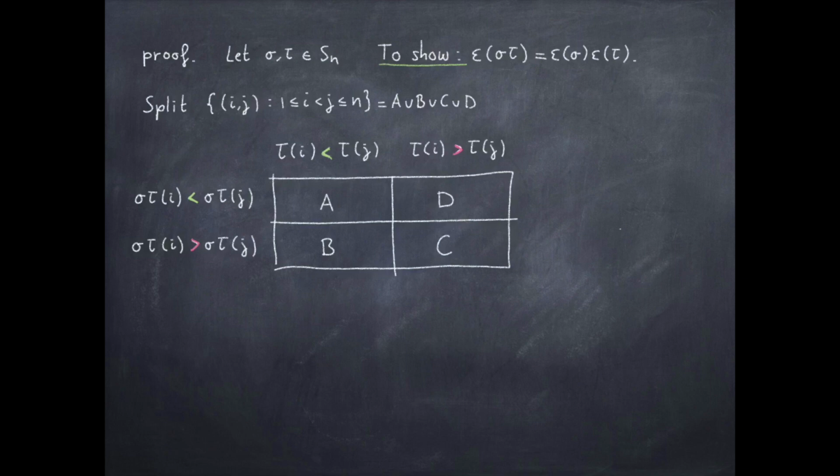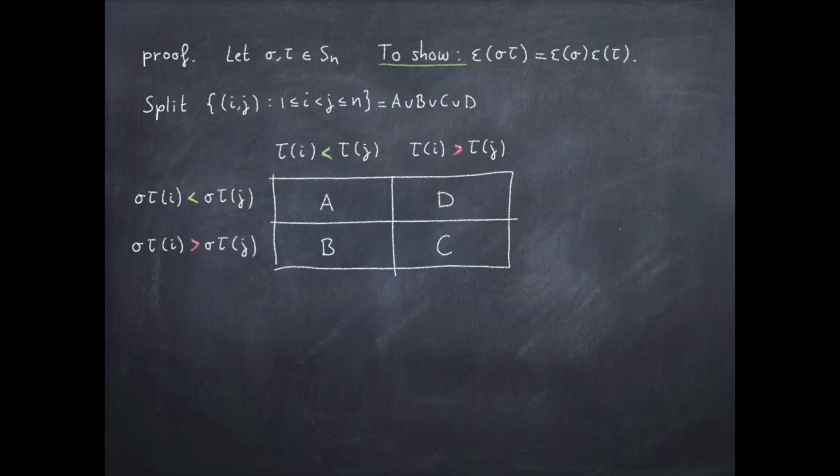We start by taking the set of all pairs i and j with i smaller than j and partitioning this into 4 sets A, B, C and D. To do this, consider a pair i, j with i smaller than j.